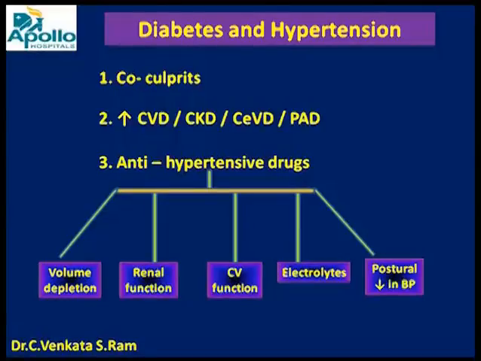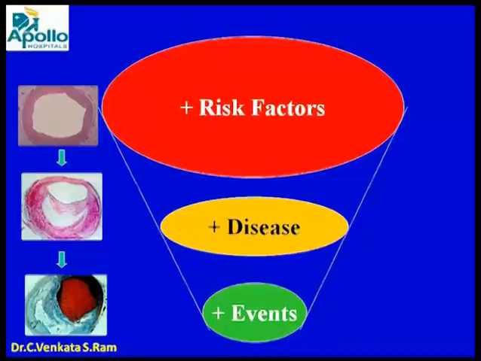So, Mr. Chairman, ladies and gentlemen, hypertension and diabetes are only risk factors. When the risk factors are there, when they are stable, the blood vessel is healthy, normal circulation. But when you don't treat them properly, they develop hypertensive disease or diabetic disease where there is atherosclerosis and occlusion.